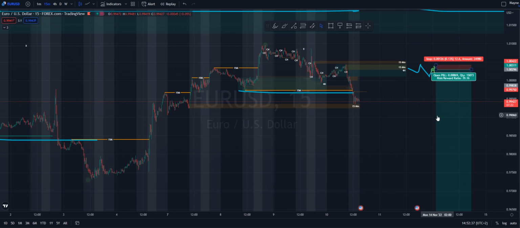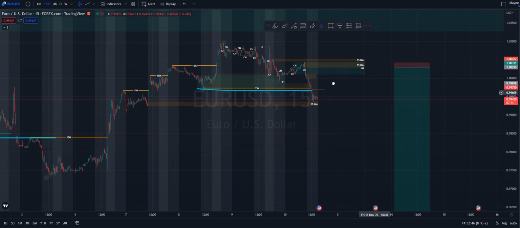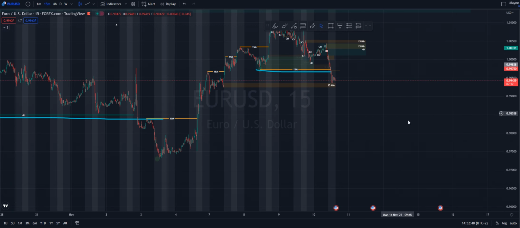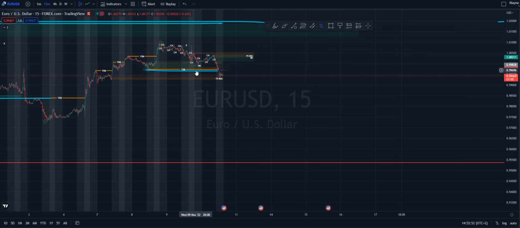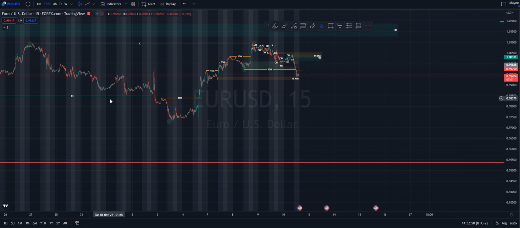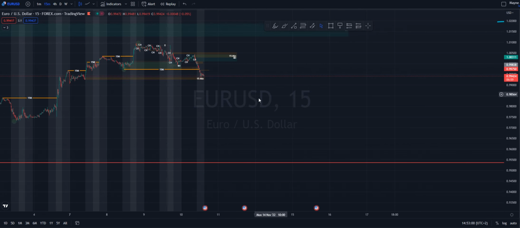So do not get scared at some point and try to exit the market earlier. Let your edge play out, let your risk to reward ratio just give you the rewards that you're looking to gain after you've done all this work and have actually mapped out market structure like this.